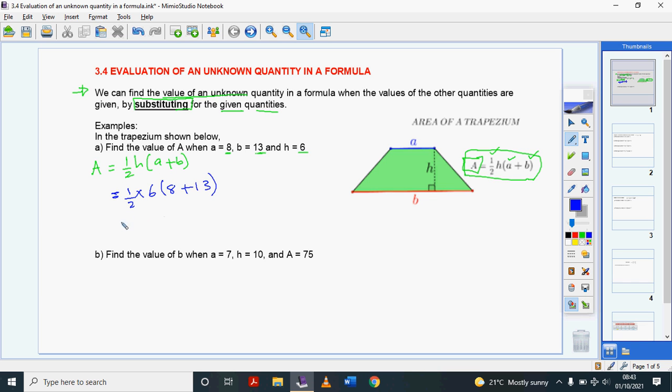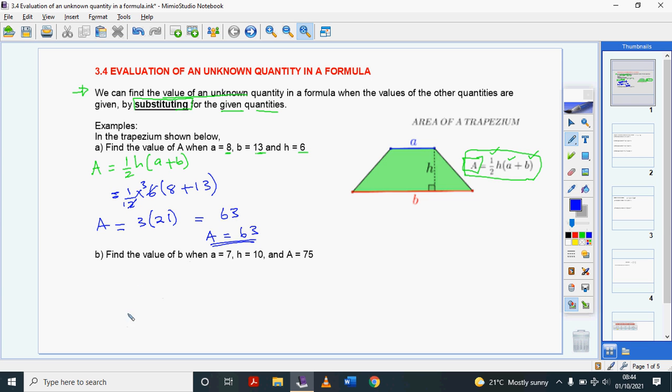So what's left is simply simplifying what you have. So this 6, if I reduce by 2 once and by 2, I get 3. So that's 3 open brackets, and I know 8 plus 13 is the same as 21, right? And then you have 3 times 21, which is the same as 63. So you found that the area of this trapezium is 63, right?